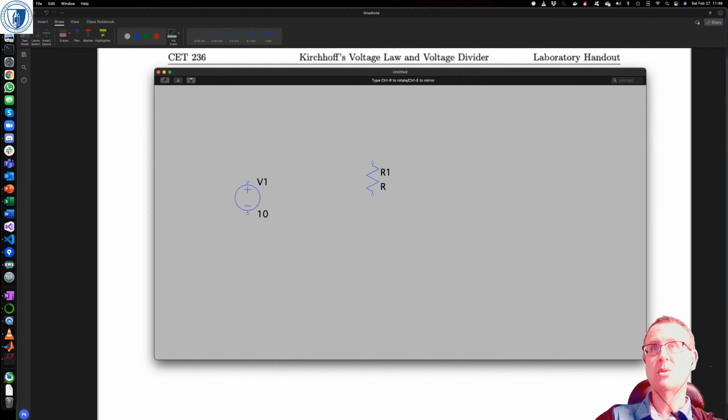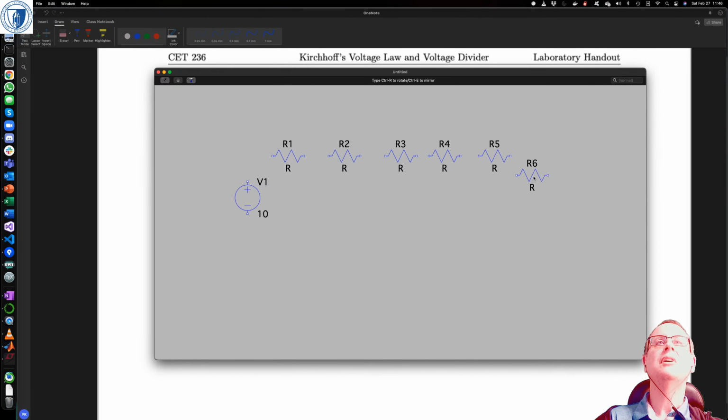Right, and I can press Control R to rotate things. And there's 5 resistors. It said at least 5. And then was it F3, I think, for drawing wires?